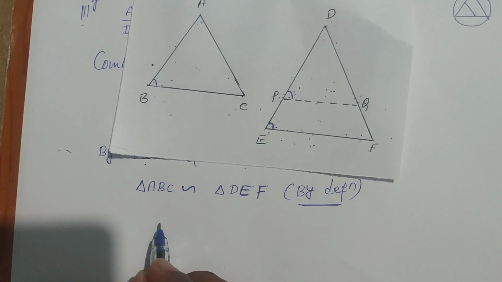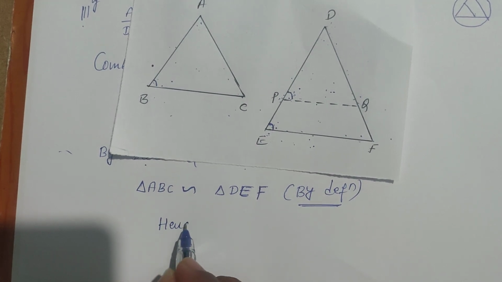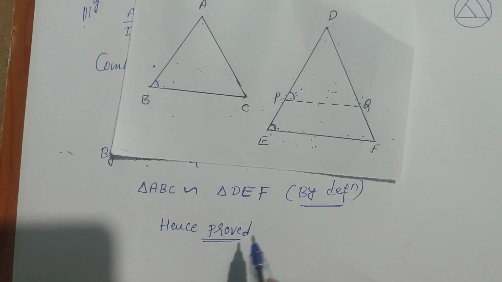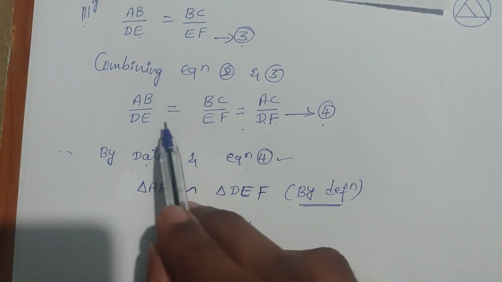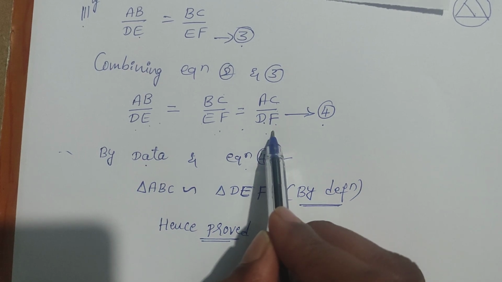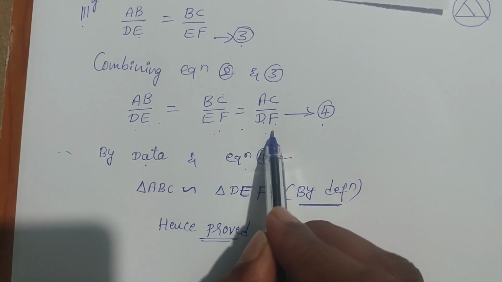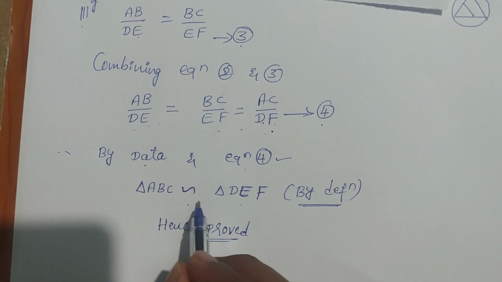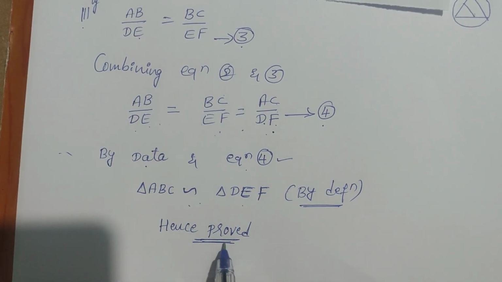So this is what we required, hence proved. We proved both the things here. AB by DE is equal to BC by EF is equal to AC by DF, this is the first point we needed to prove, and this is the second point: triangle ABC and triangle DEF are similar, hence proved.